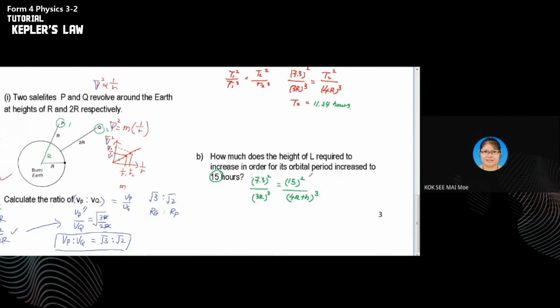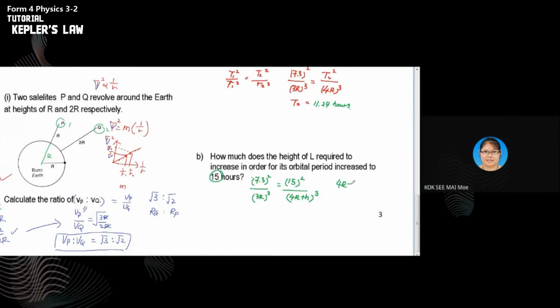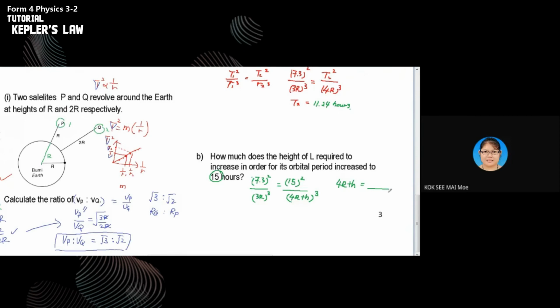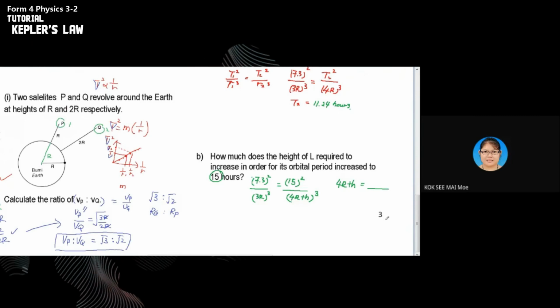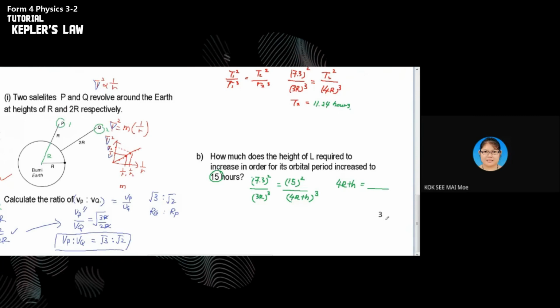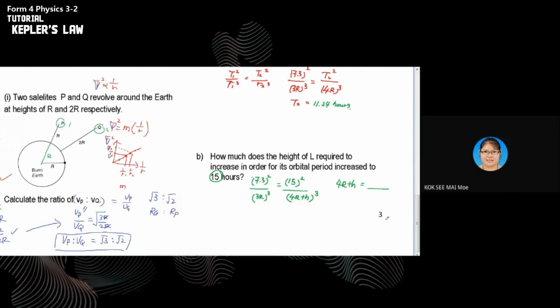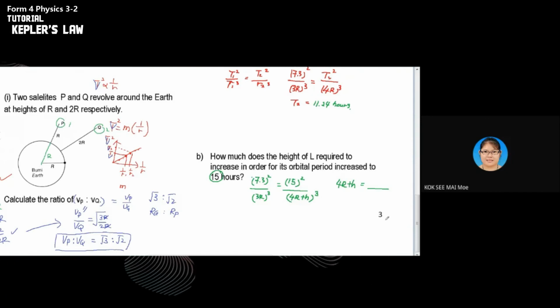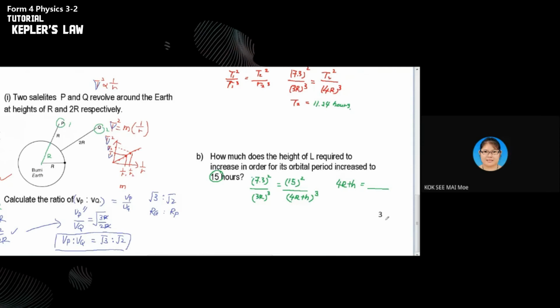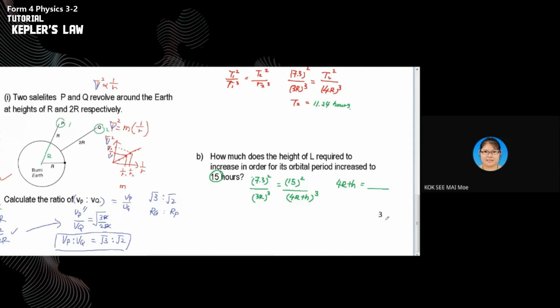So what you need to do is find out what 4R plus H actually is first. After that, you go to minus. That means your final answer has R. We do not know the R; the question never says what R is.